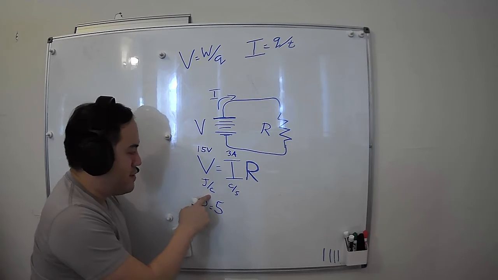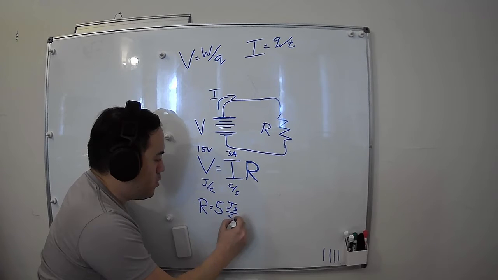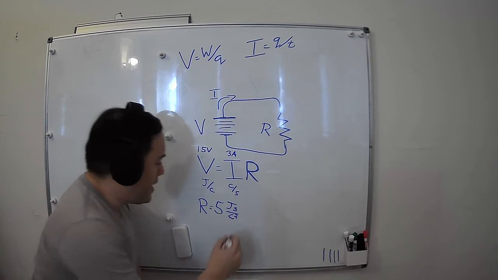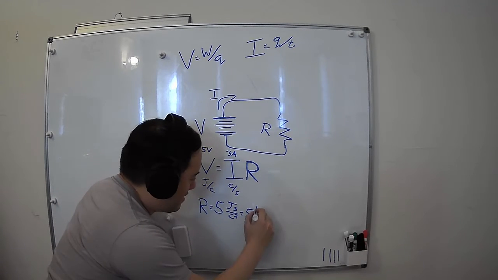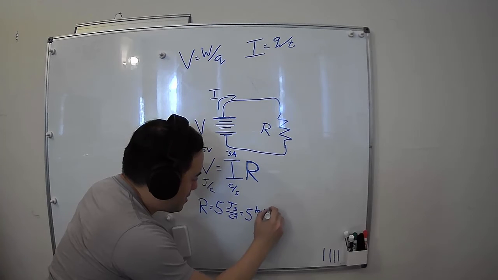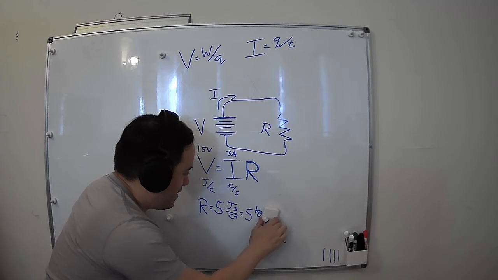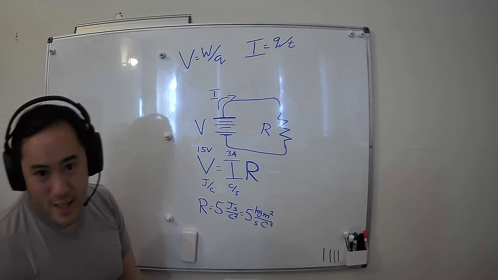It's 5 joule seconds per coulomb squared. A joule is a kilogram meter squared per second squared. So the seconds cancel. Oh, much better. It's 5 kilogram meters squared per second coulomb squared. Is that better? No.